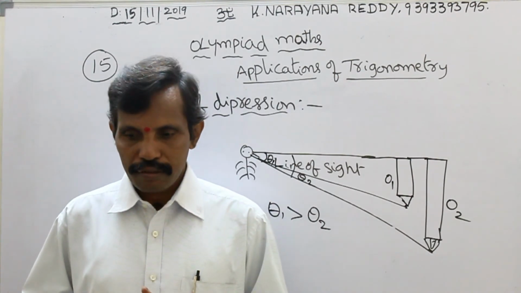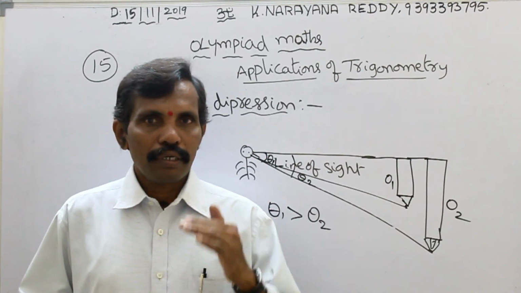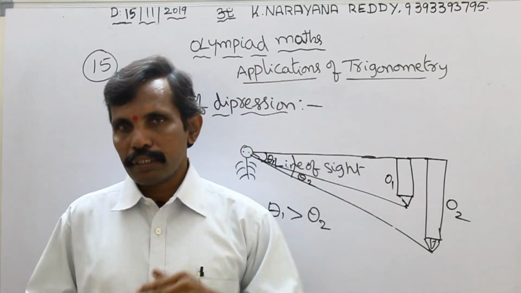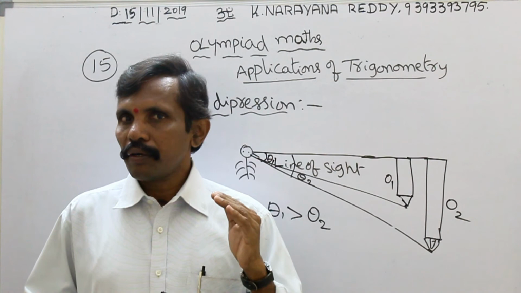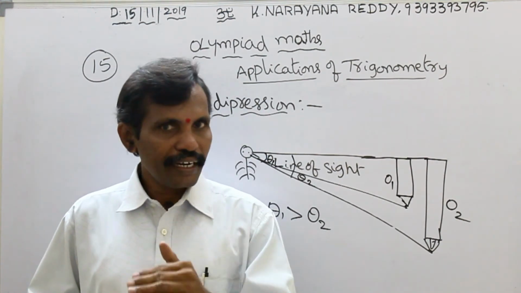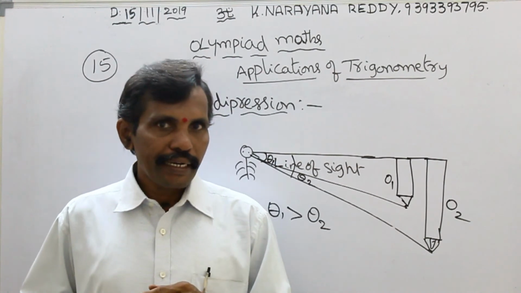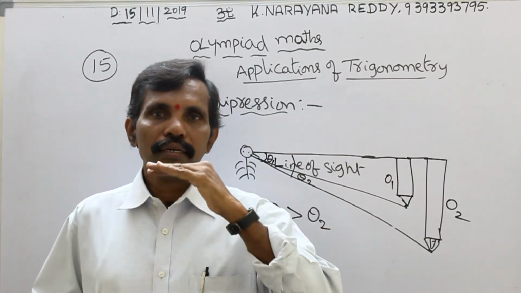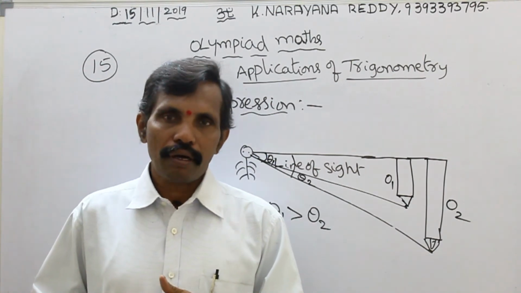Angle of elevation is nothing but raising the observer's head to look at the object, and angle of depression is lowering the observer's head to look at the object. And line of sight is the line joining the object and the eyes of the observer or a person.